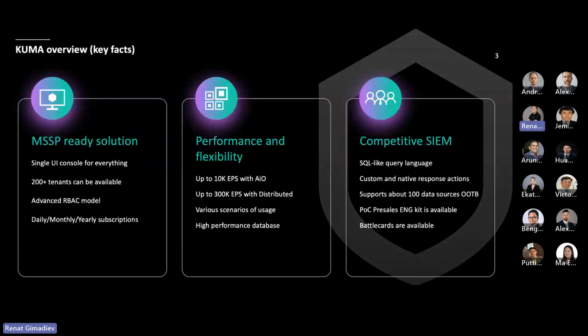The second pillar is low system requirements and high performance. We've done more than 100 POCs, and we have more than 50 deployments in production environments in our partners' and customers' infrastructures. Based on all this experience, we can say that you can use an all-in-one, simple infrastructure for up to 10K EPS.